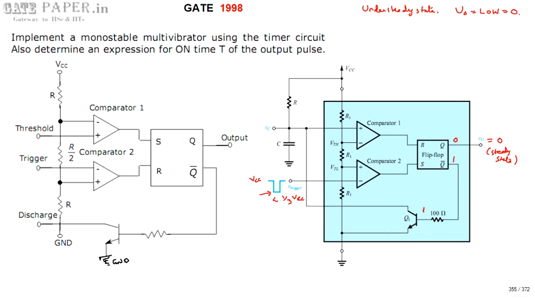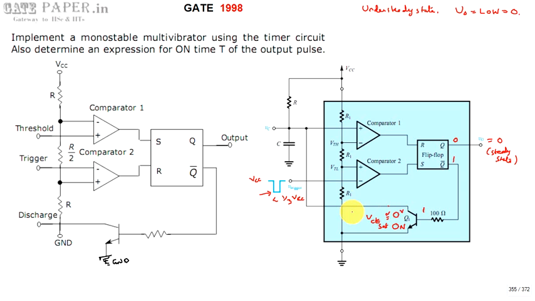That high voltage turns the transistor Q1 on. Transistor Q1 goes into saturation, and its collector-emitter voltage is equal to VCE saturation, which is 0.2 volts for silicon and 0.1 volts for germanium. But they are very small compared to VCC, so they will be assumed as 0 volts.